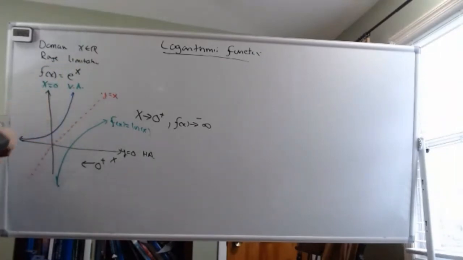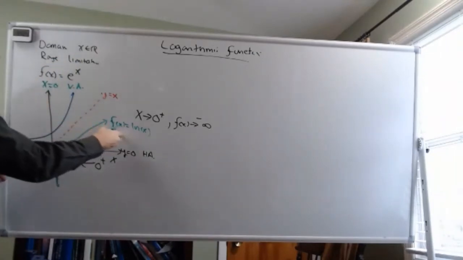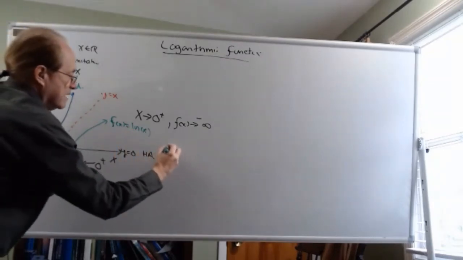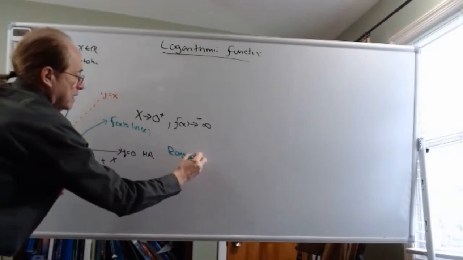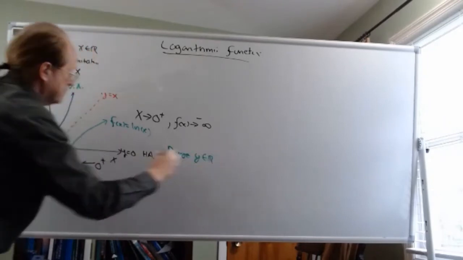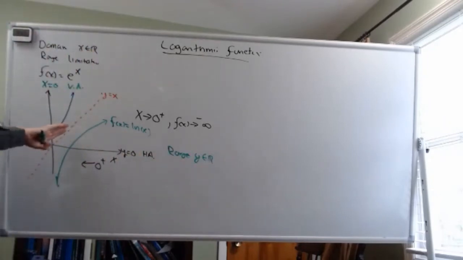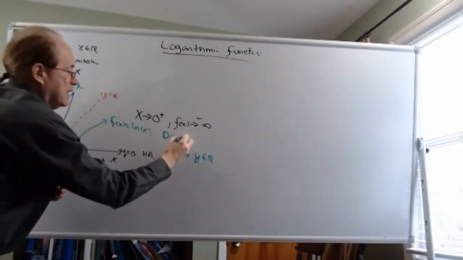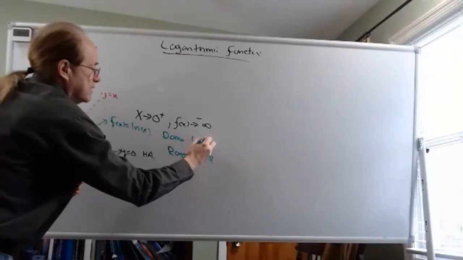Now, if I look at my logarithmic function over here, the range is all real numbers. And it should be, because it's swapping the x and the y. But the domain has the limitation placed on it.